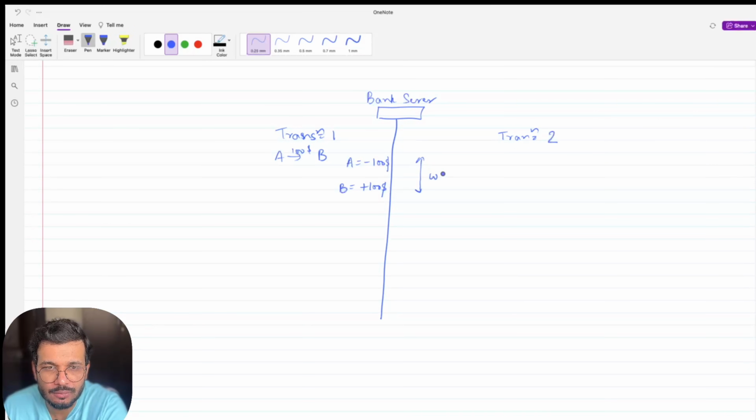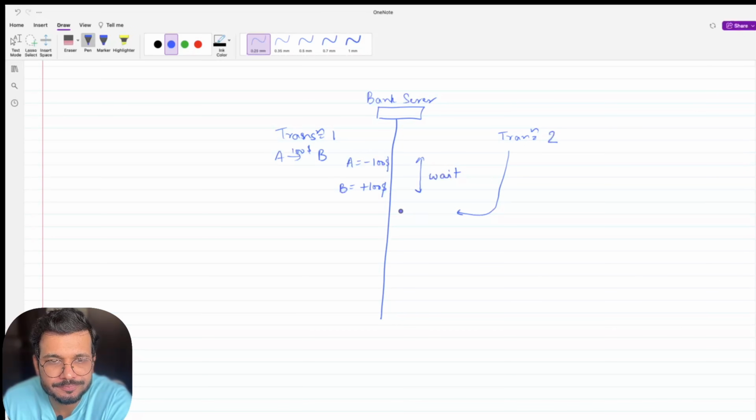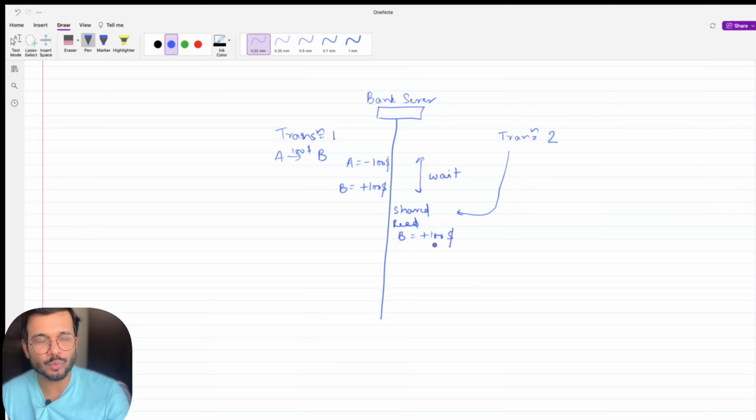It will wait here, and once transaction 1 is complete, then it will acquire the shared lock here and read. So what it will read is that B now has plus $100. So this is how it works.